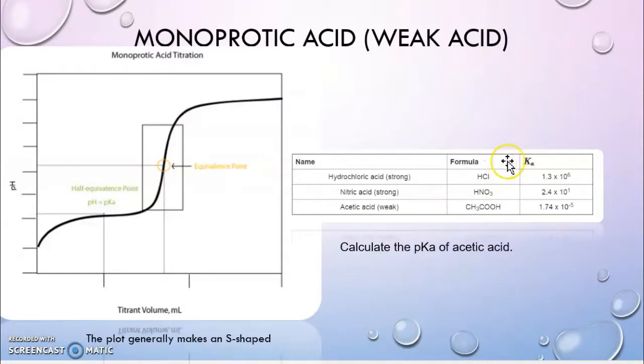Theoretically, strong acids such as hydrochloric acid and nitric acid both have higher Ka values as what is being shown here. On the other hand, weak acids such as acetic acid have lower Ka values.